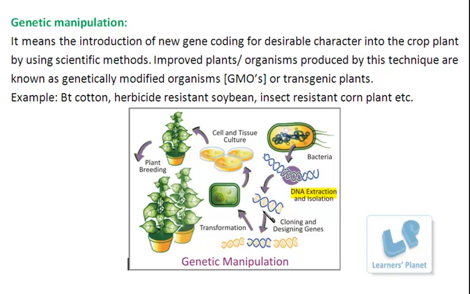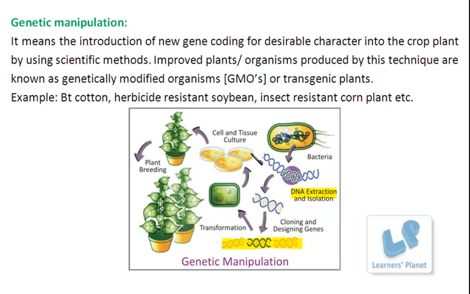Now these isolated genes are cloned, right? They are designed into a new DNA, which is a vector that can be introduced into the plant cell. So the next step is the transformation of these cloned genes into the plant cells.